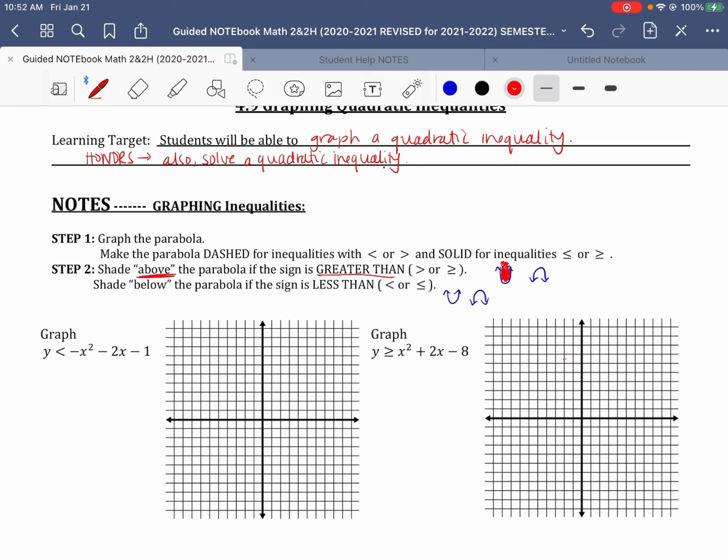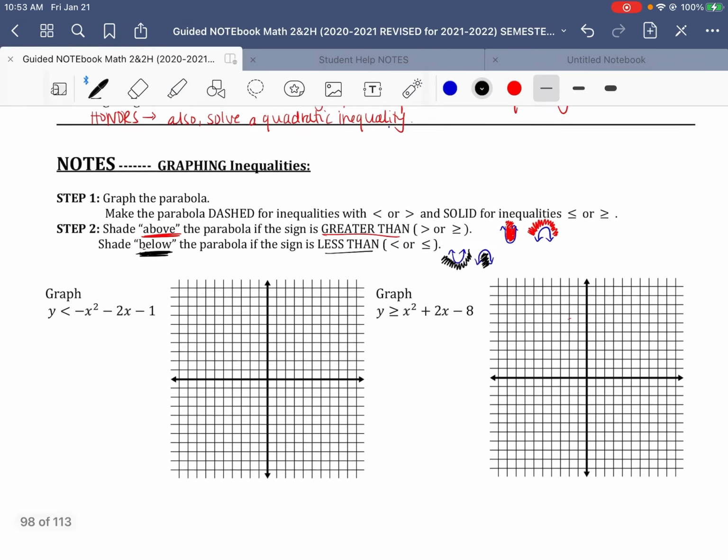If I was shading above my parabola that has been reflected or is upside down, then when I shade above the parabola, that means essentially outside of it, on top of the parabola. If in the other case we're dealing with less than, then we're shading below the parabola. So again, if my parabola is opening up, below would mean underneath it. If it's opening down, below would mean underneath it, which in this case is inside of it. So it can be shaded in different ways just based on the greater than or less than piece.